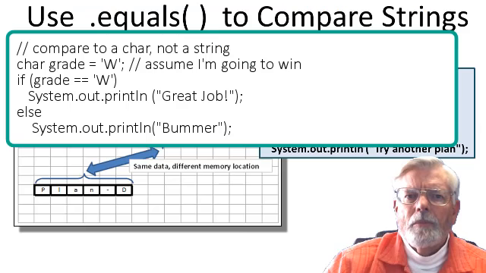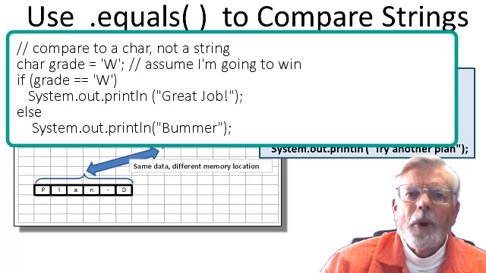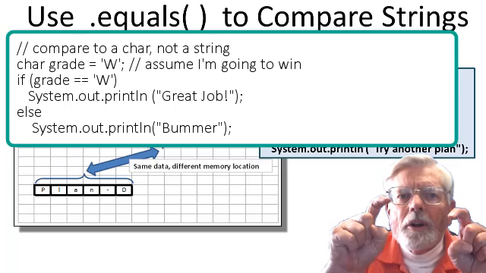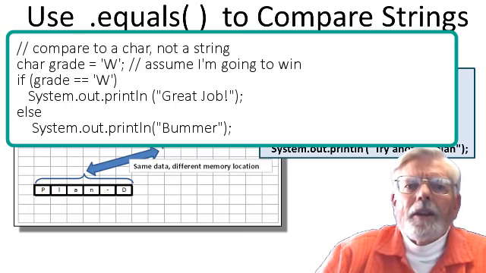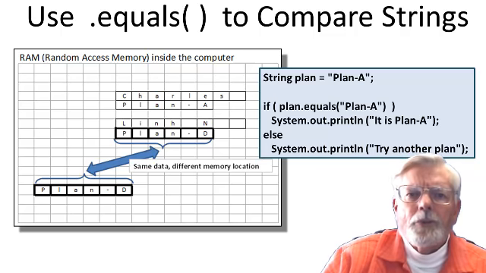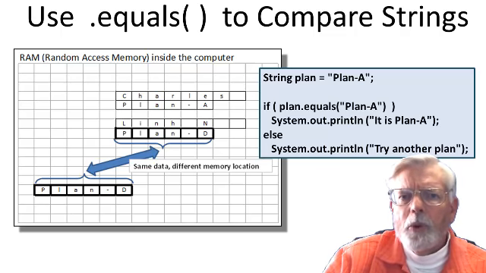A Boolean true or false is produced when comparing numbers and characters using the double equal. For example, char grade, assuming I'm going to input a grade. If grade == 'W', System.out.println("Great job"). However, strings in Java are objects, not primitive data types like int, double, char, or boolean.